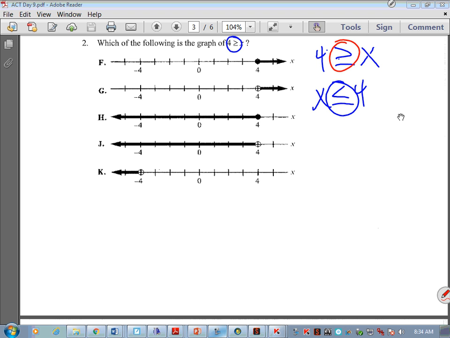No? Good. So hopefully we got H and we see the difference between J and H, but we want to look for those small details because that's the difference between getting one right and getting it wrong. Okay, it's in the details.